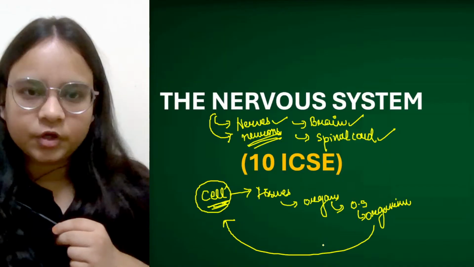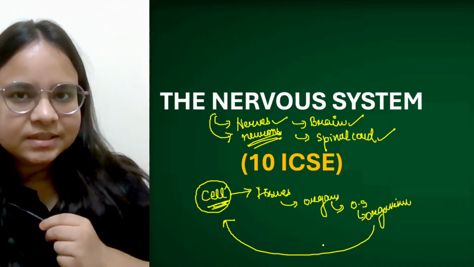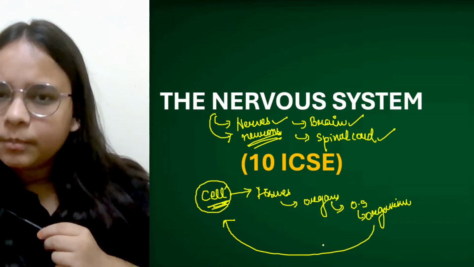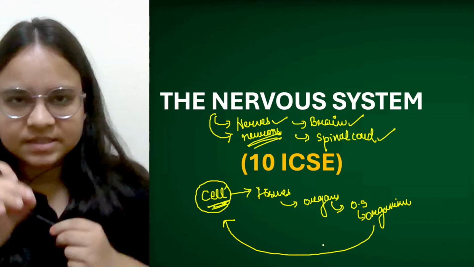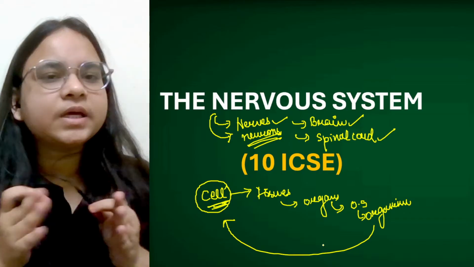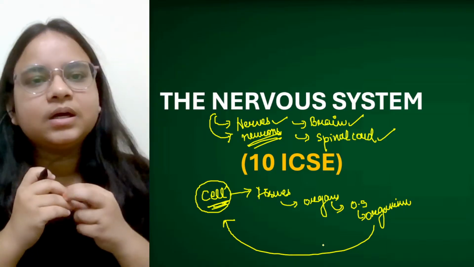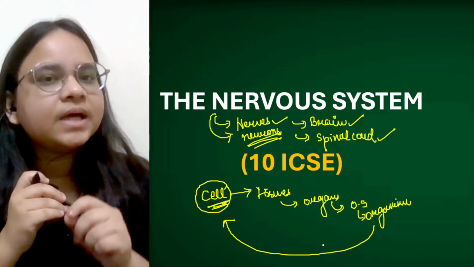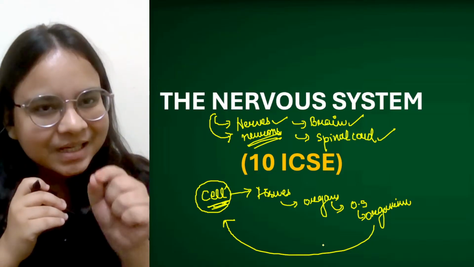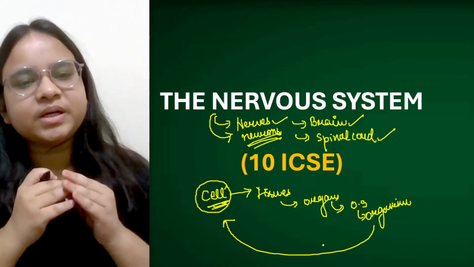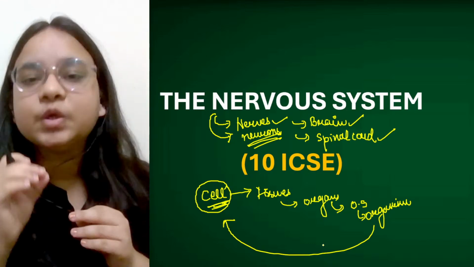So yesterday what we have seen is that all the systems present inside our body are actually made up of small cells, right? Even if you take any big organ like liver, kidneys, the heart, all the organs inside our body are made up of tiny units, we call them cells. Similarly, the nervous system is also made up of tiny cells that we call neurons.